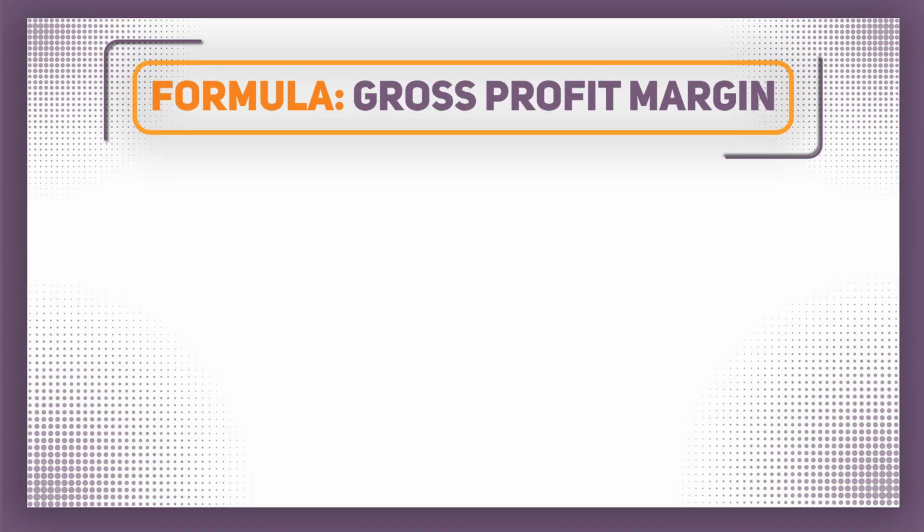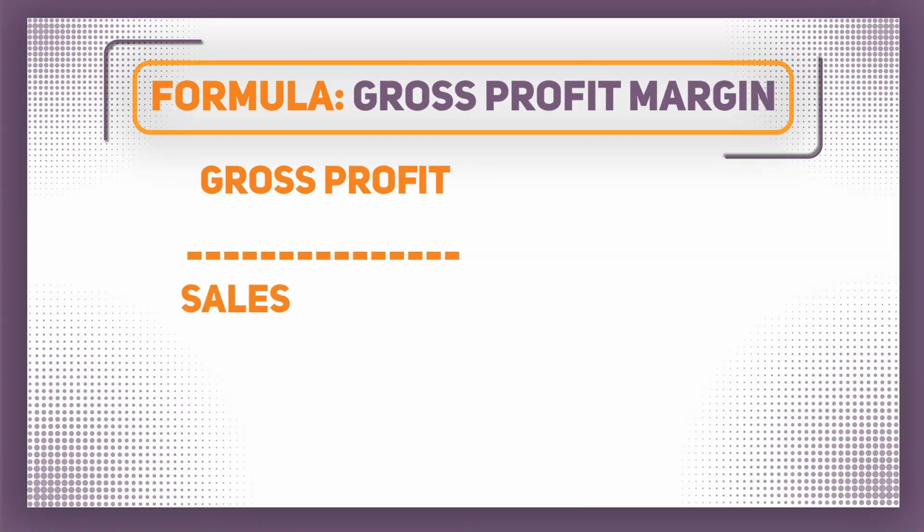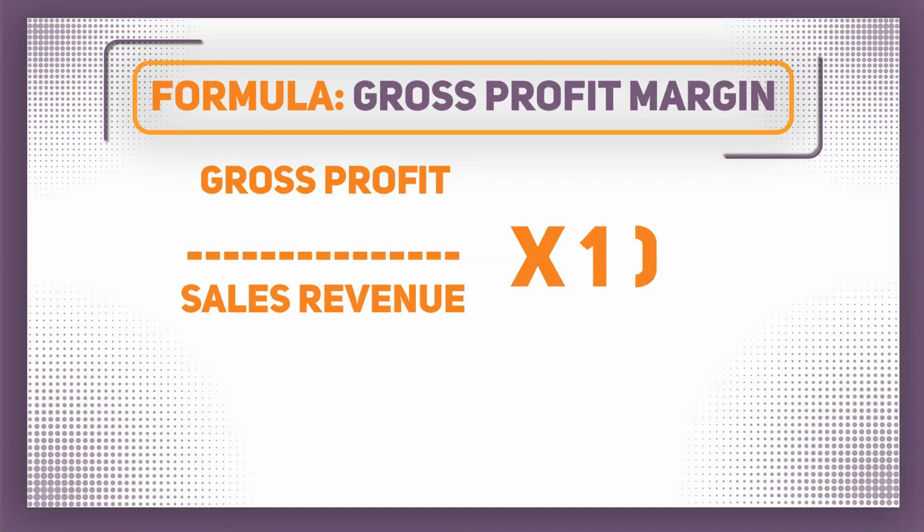So to work out Tranquil Spaces' gross profit margin as a percentage, we need to use the following formula. Gross profit divided by sales revenue multiplied by 100. So let's slow this down a little.